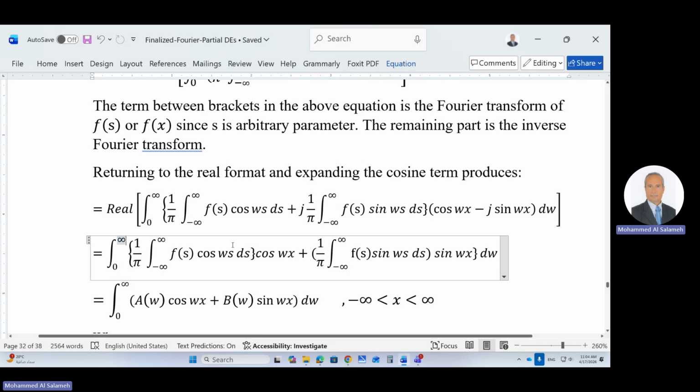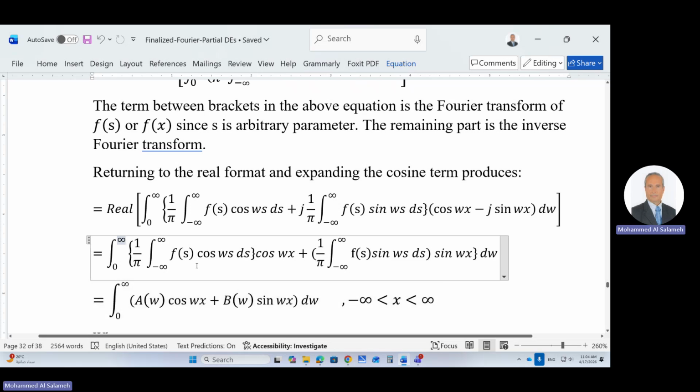If you multiply two complex quantities, the net real part is the real of the first times the real of the second, minus the imaginary of the first times the imaginary of the second. So the real of the first is this term here, as you can see.